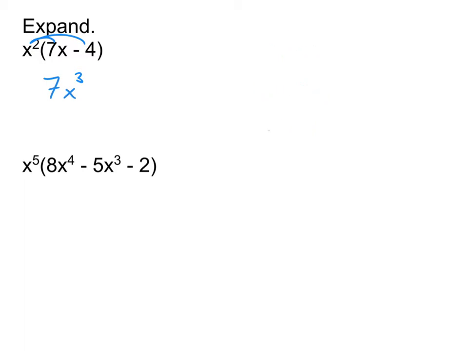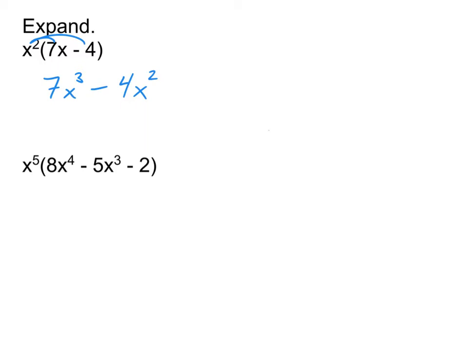Okay, so we got 7x cubed, and then minus x squared times 4. Now, I don't really want to write it here as x squared 4, because that looks kind of weird, right? We always want to put the number first, so we're going to write that then as 4x squared. And that's as good as that can be when we do that.